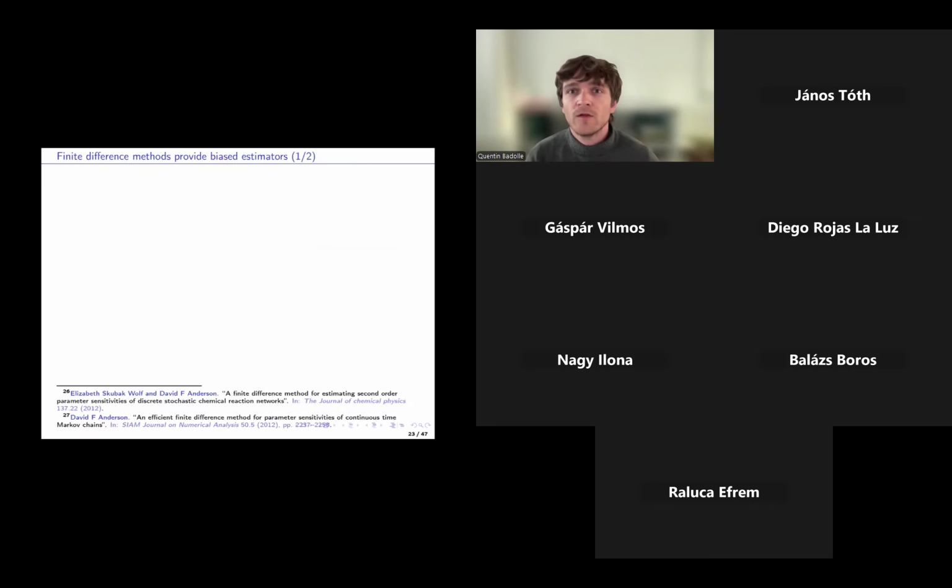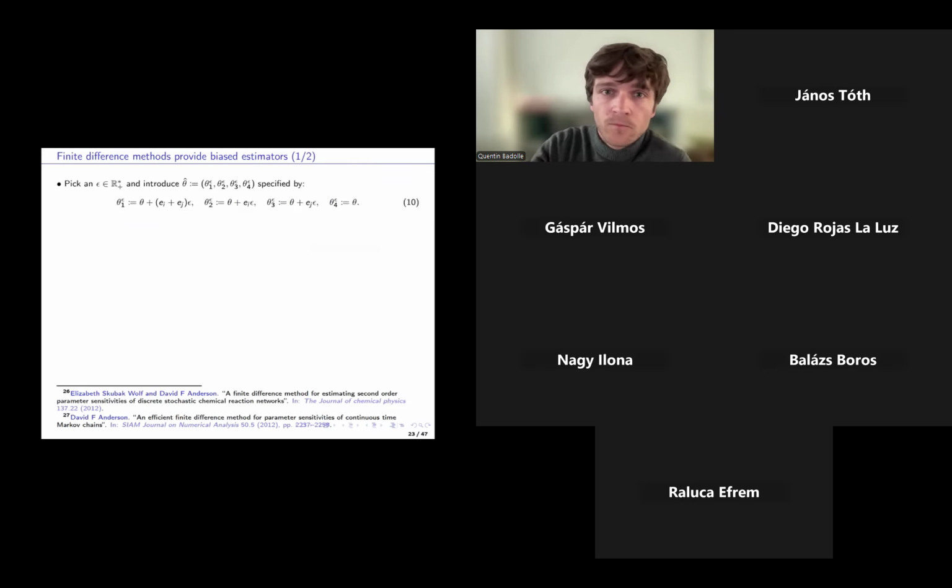Now, the second type of method, which I mentioned for first-order derivatives, is finite difference methods. So for second-order sensitivities, you need to introduce 4 parameters. Here, e_i and e_j correspond to the vectors which are all 0 with only a 1 in position i or j. So the basis vectors of R^n. And so here you have 3 perturbed parameters, and the 4th one corresponding to the nominal value of the parameter you are interested in.